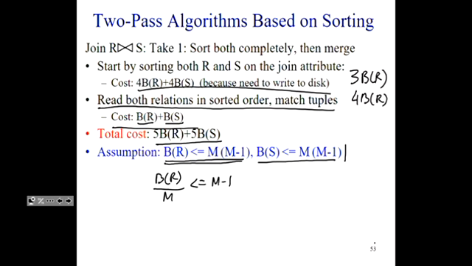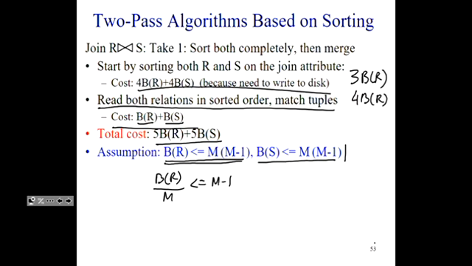Let's take inspiration from the grouping based case. In the grouping based case, we sorted based on the grouping attributes, and then we did a merge, such that the grouping attributes are common. What can I do in this case? Do I really need to pay 5 times B of R plus B of S?